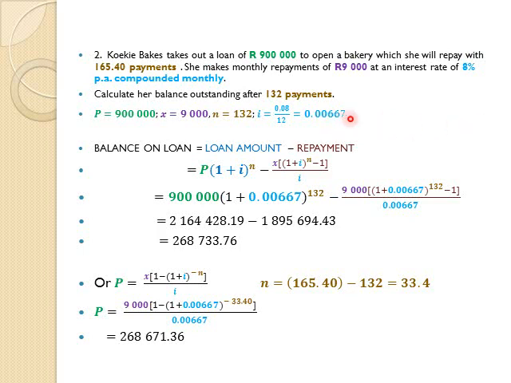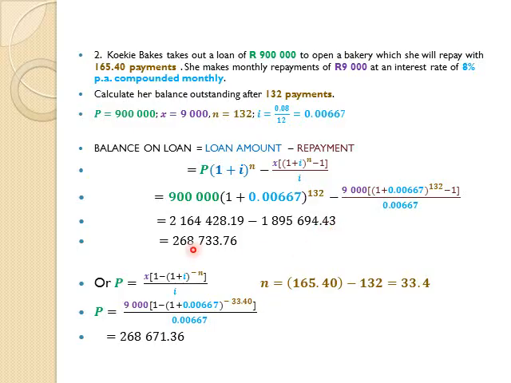gives me 0.006667. So the balance on the loan is the loan amount minus repayments: P(1 + i)^n, which is 900,000(1 + 0.00667)^132, minus X, 9,000[(1 + 0.00667)^132 - 1]/0.00667. That gives 2,164,428 rand 19 minus 1,895,694 rand 43 cents.